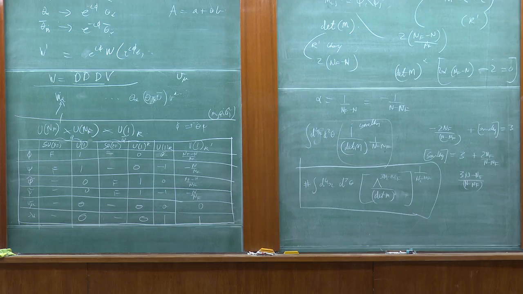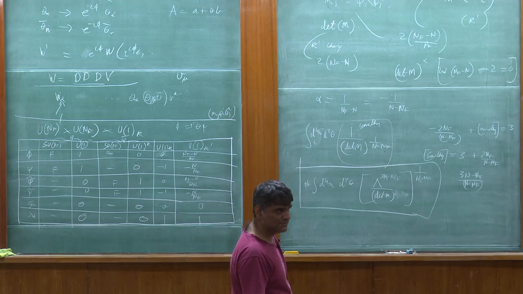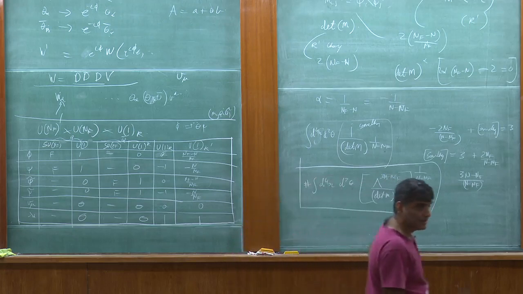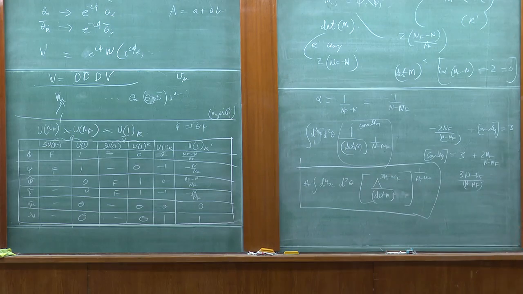When you said you wanted to construct the potential out of the Q's and not the Q bars, why? Because all potentials for scalar fields come from superpotentials.